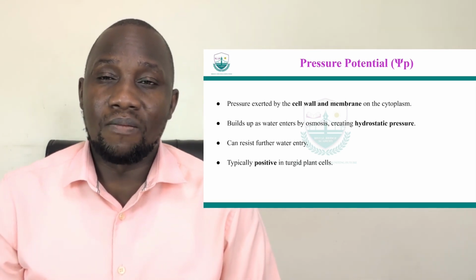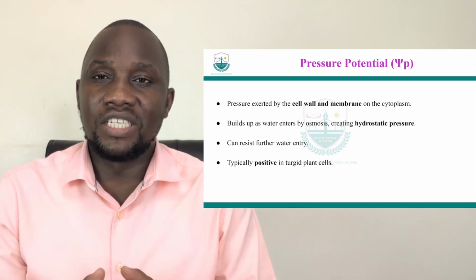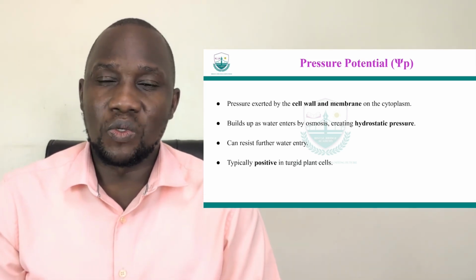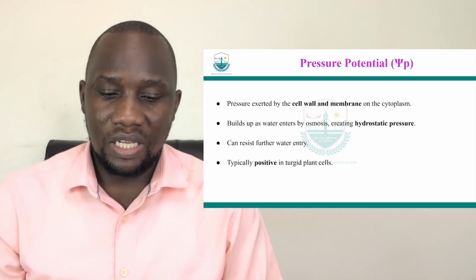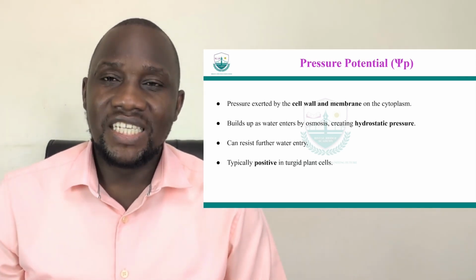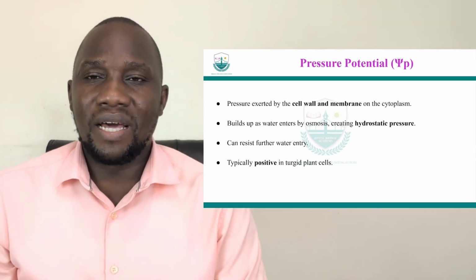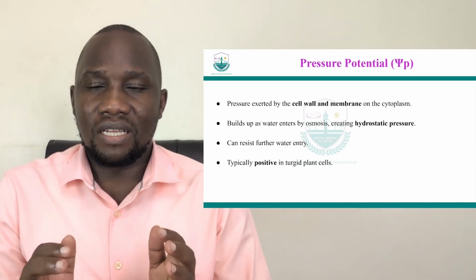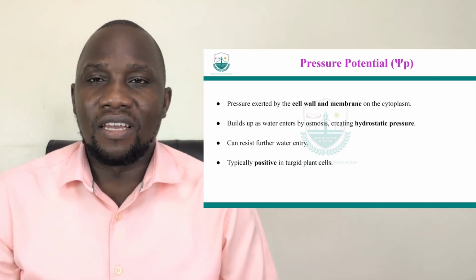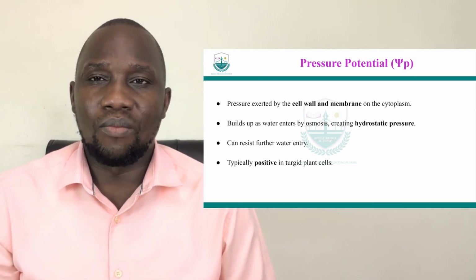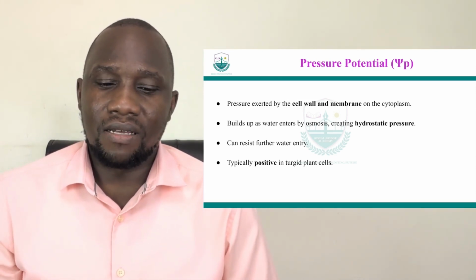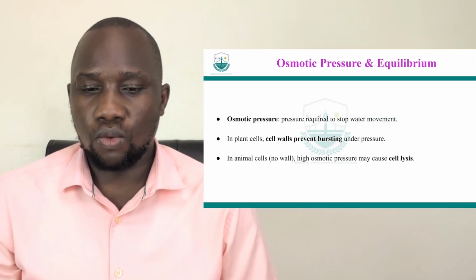The cell wall can be rigid such that the cell cannot actually burst because of more water molecules entering it. So a turgid plant cell, that means a cell which has taken in water and is swollen properly, that cell has a positive pressure potential.